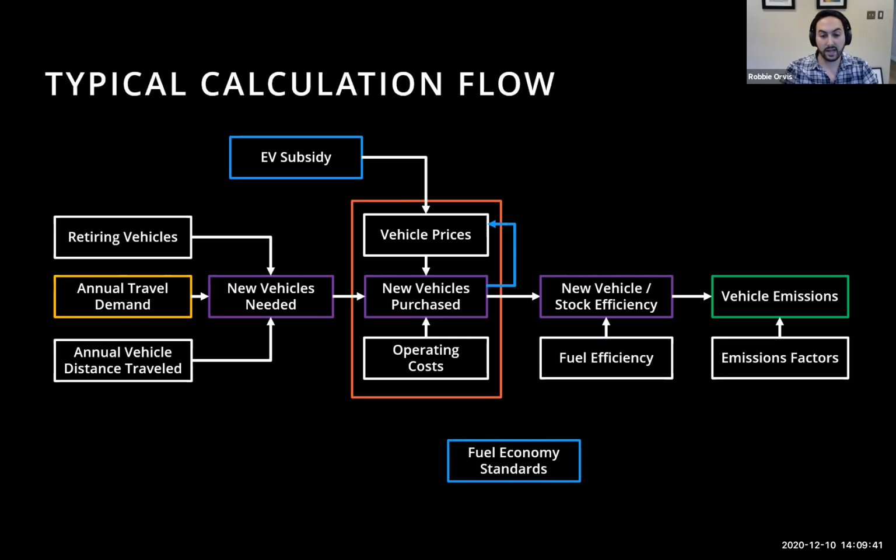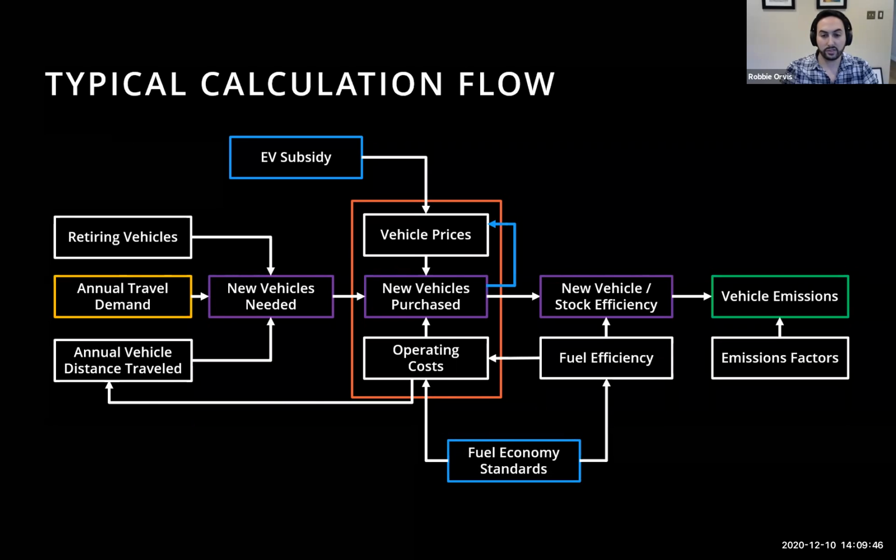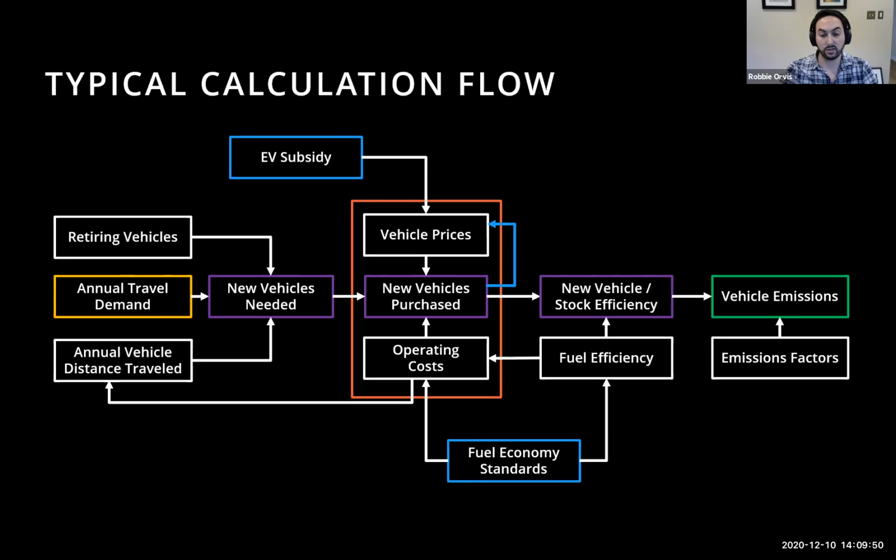We may also want to add a fuel economy standard. That would do a few things. So for starters, it would obviously affect the fuel efficiency of newly sold vehicles, which would in turn affect the stock efficiency. It would change operating costs. We know that vehicles that are more efficient are a little bit cheaper to operate because they don't require as much fuel to go the same distance.